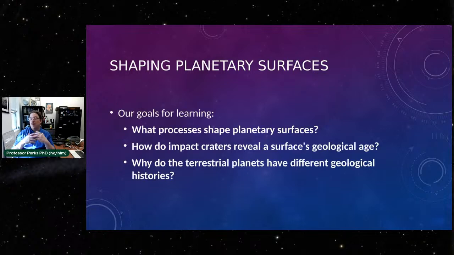Typically, if you have more volcanoes present, you can say that the geologic activity of that planet was probably longer than, say, a planet that has fewer of them. So in a way, we're going to be doing comparative planetology, one on the surface itself, but also comparing surfaces on one world to a surface on another world.